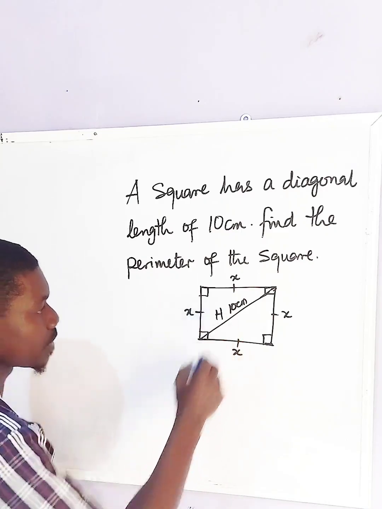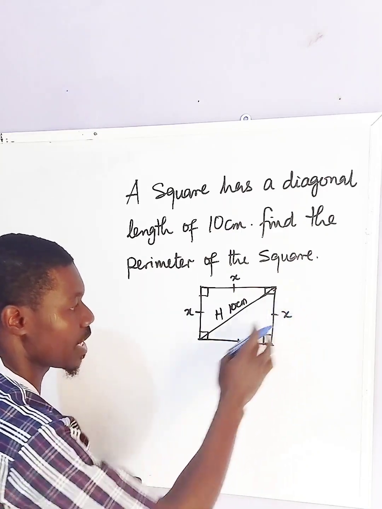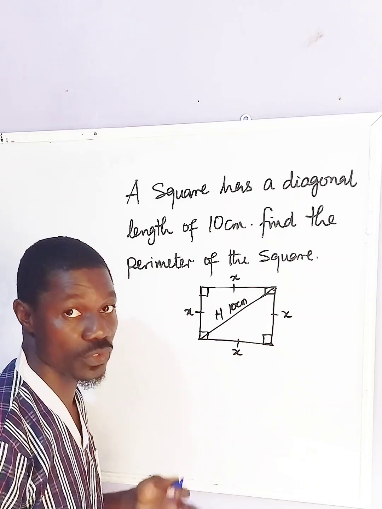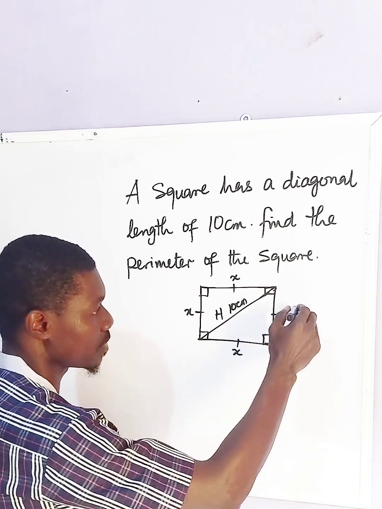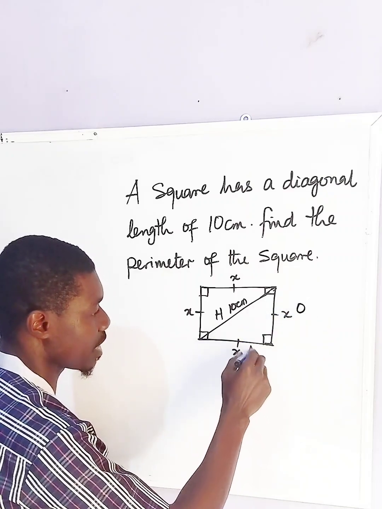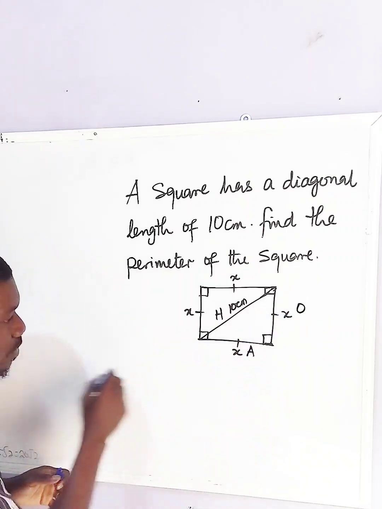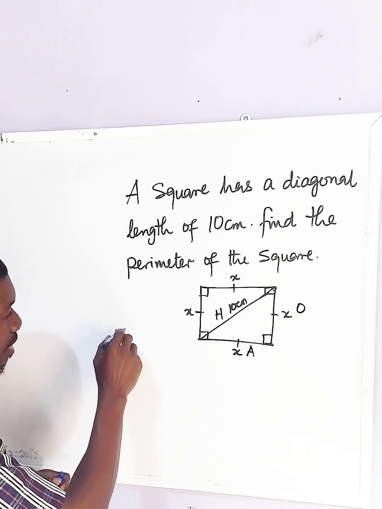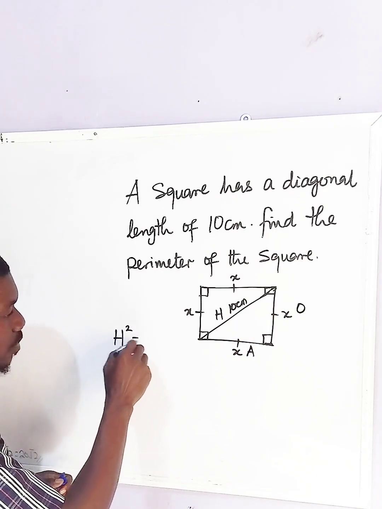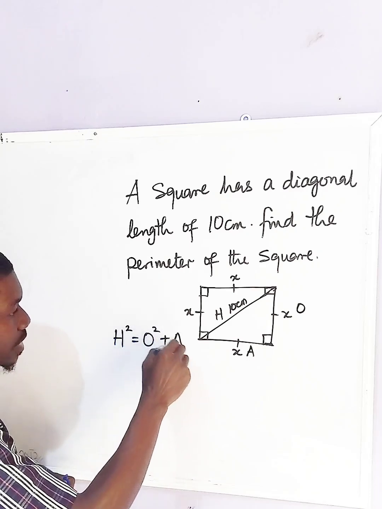This is our hypotenuse, and we can make this one the opposite and this one the adjacent. By the formula, the hypotenuse squared equals the opposite squared plus the adjacent squared.